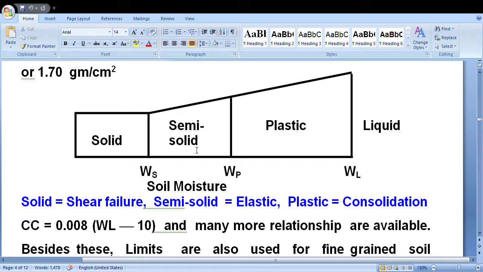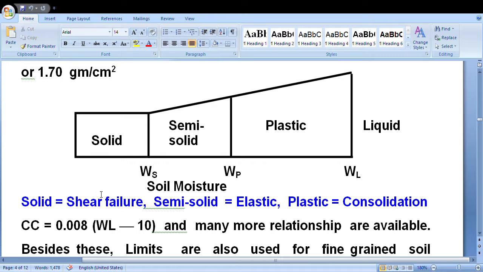If we apply the load, there will be elastic compression, not exactly volume change. And if the soil moisture is from this point to this point, it will be consolidation failure. Consolidation failure means it is governed by settlement criteria, not by shear criteria.